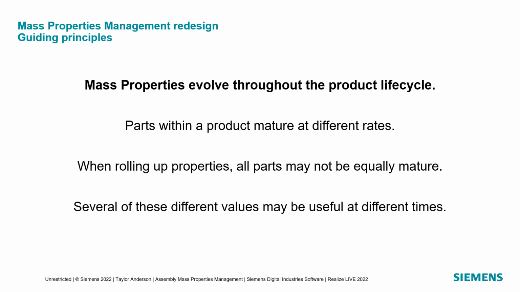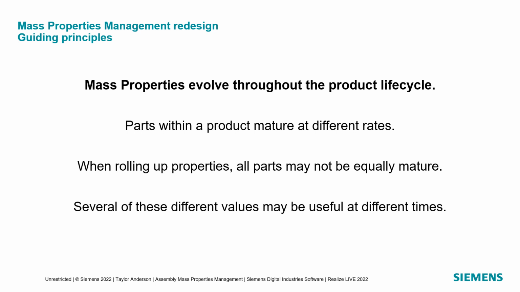Those may evolve into preliminary geometry that may have some properties that we can start to extract from the 3D model. As that 3D geometry gains fidelity, those estimates may get better and better coming from the 3D CAD geometry. At some point, there may be certain components that are purchased, for instance, from a vendor or incorporated from partners, and it's common that those parts will have representative geometry in them, may not be fully detailed, full fidelity geometry, and as such, the geometry itself may not generate super accurate properties, right?